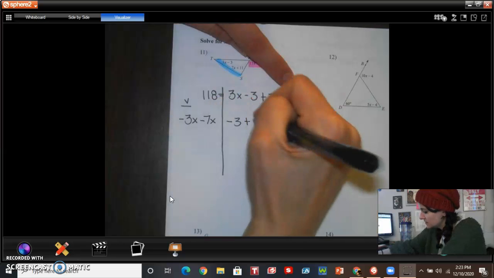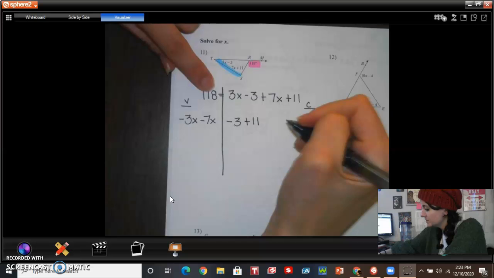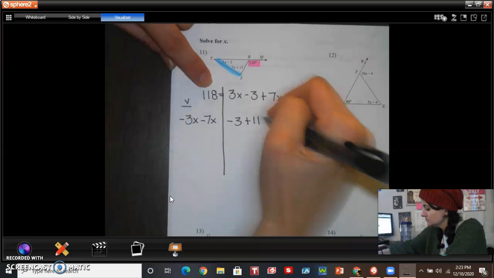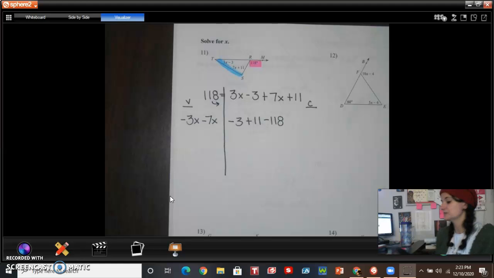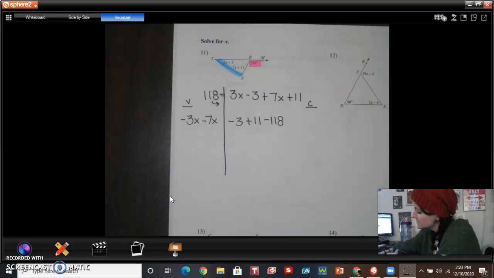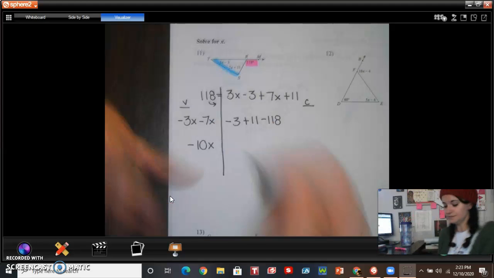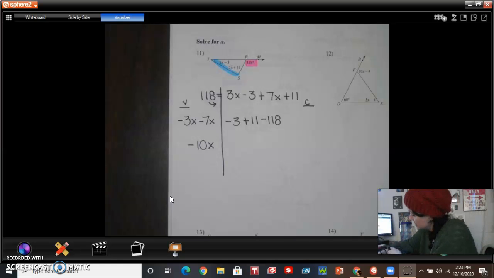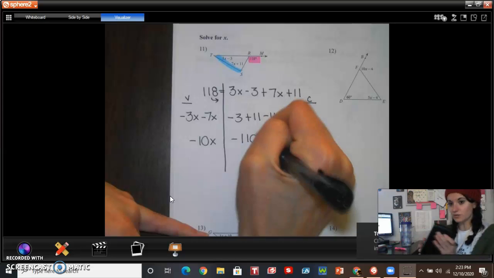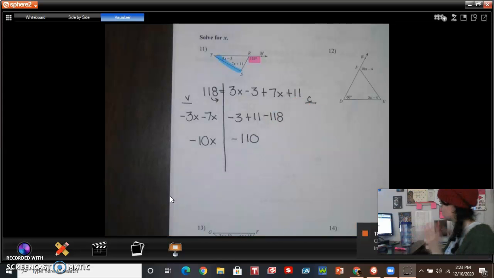So, okay, let's use our handy dandy calculator. So we're going to say negative 3 minus 7. So I get negative 10x over here. Negative 3 plus 11 minus 118. I get negative 110. Now I'm going to go over that one more time, just in case I move too fast.